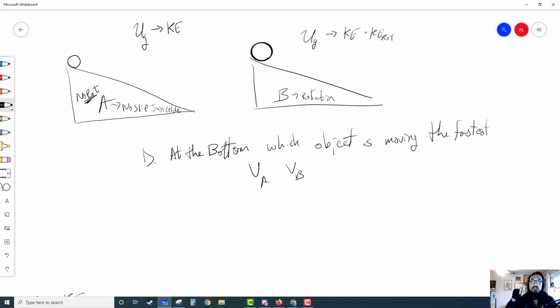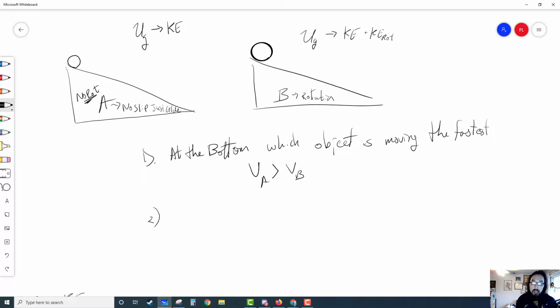Therefore, not all of the energy is going into making this object move forward. So we can say that the velocity of A will be greater than the velocity of B. And that is just simply because some of the energy is lost for B, and I say lost, but I just mean it turns into the object spinning.